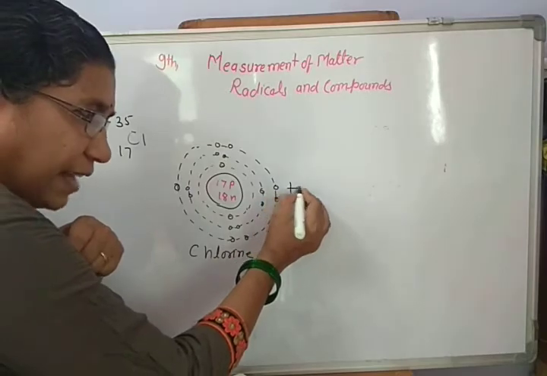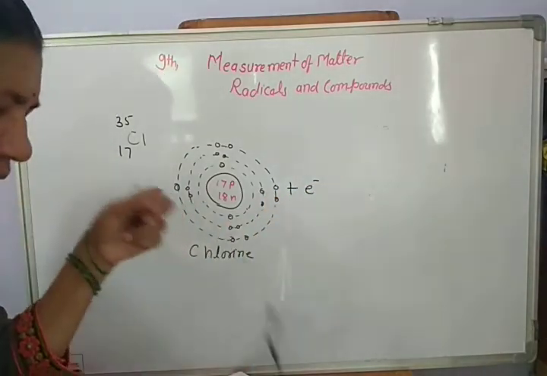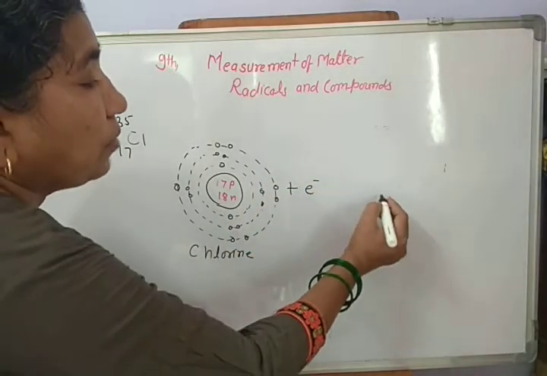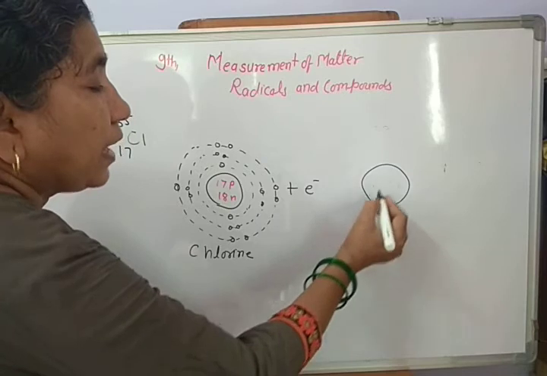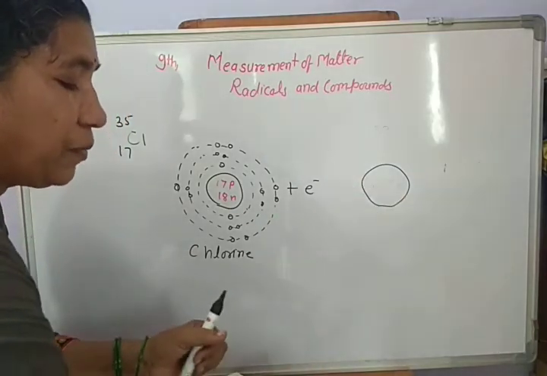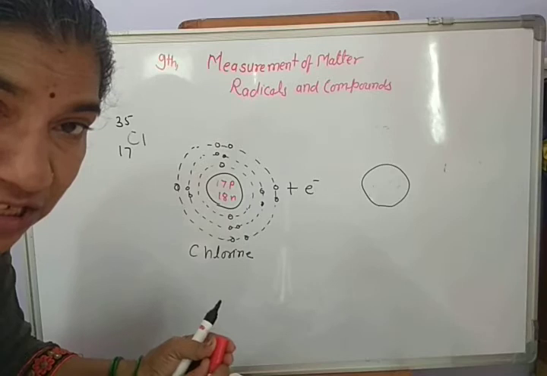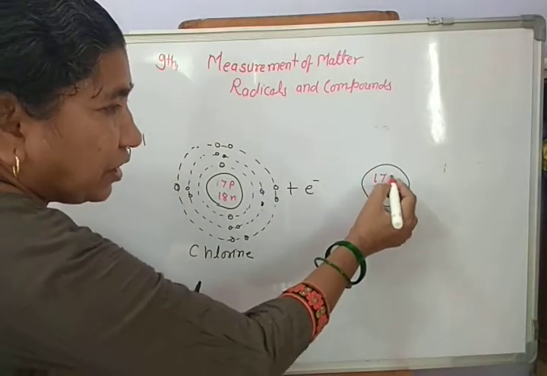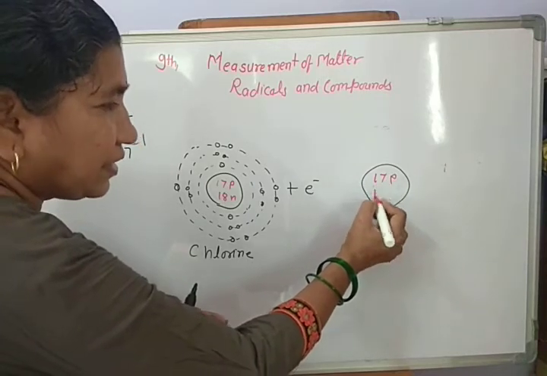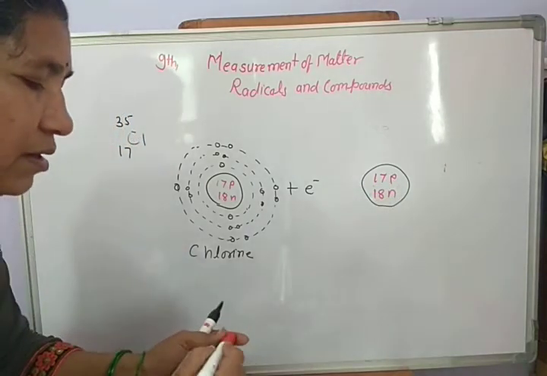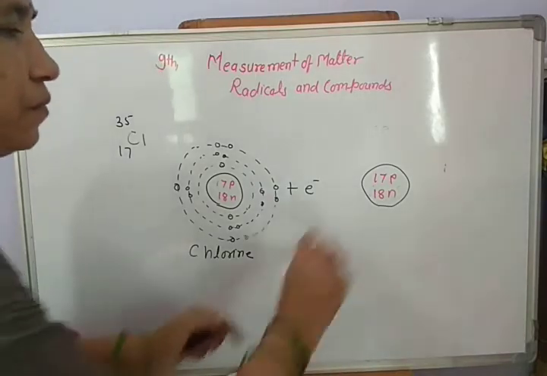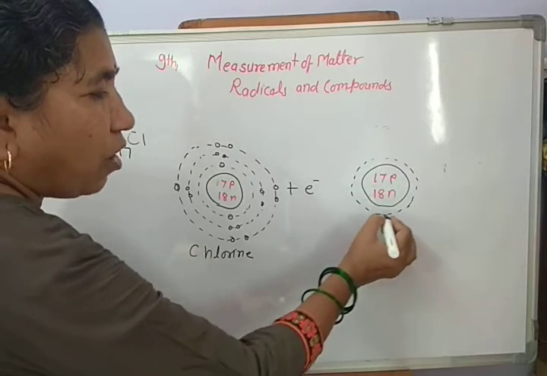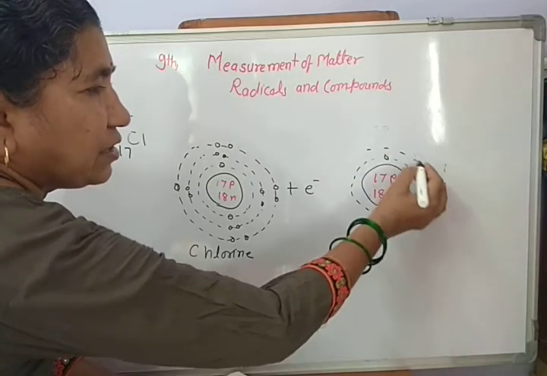So it accepts 1 electron and forms an ion containing 17 protons, because the nucleus does not change in a chemical reaction. That is what Dalton's theory says. And therefore it accepts 1 electron to form a negatively charged ion.